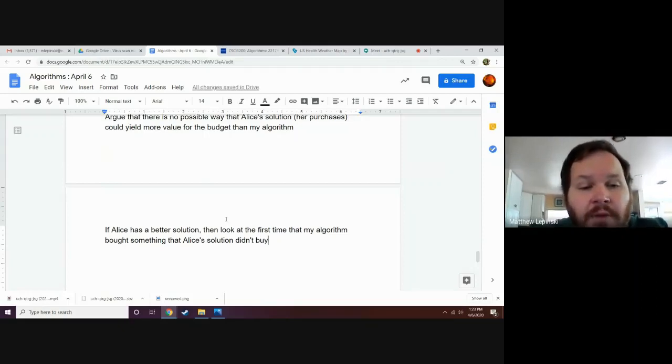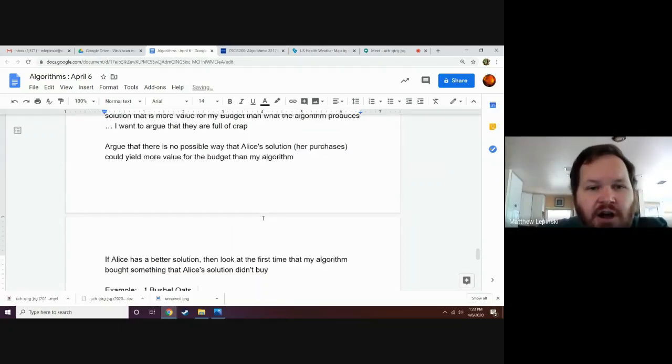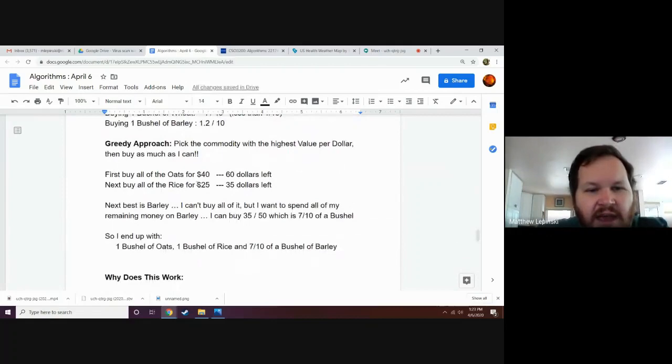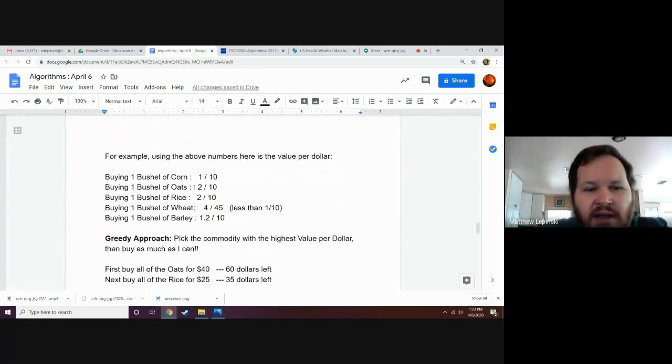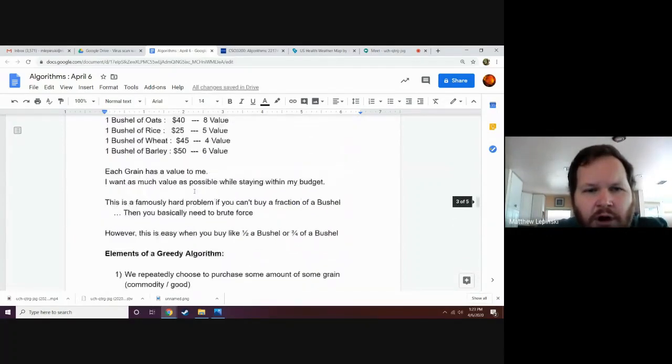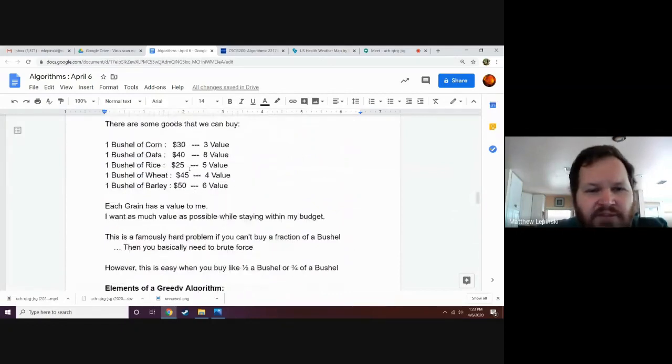So Alice has a solution. Suppose Alice's solution, as an example, is to buy 1 bushel of oats.